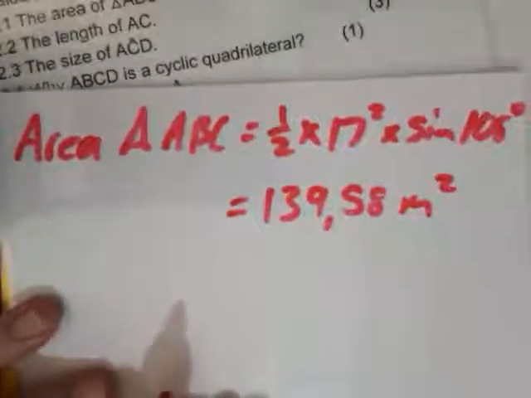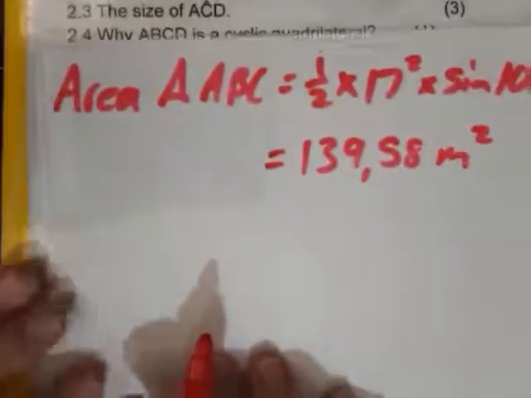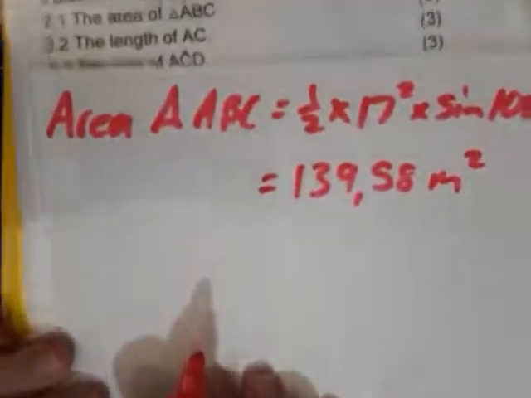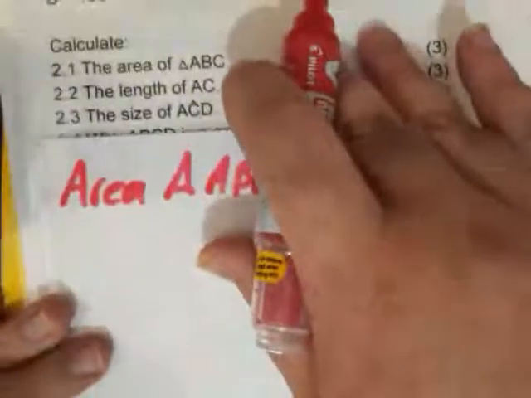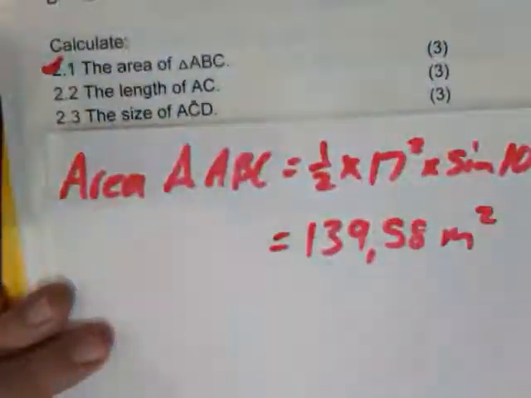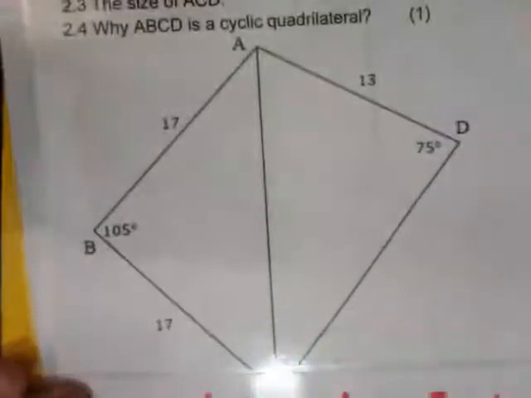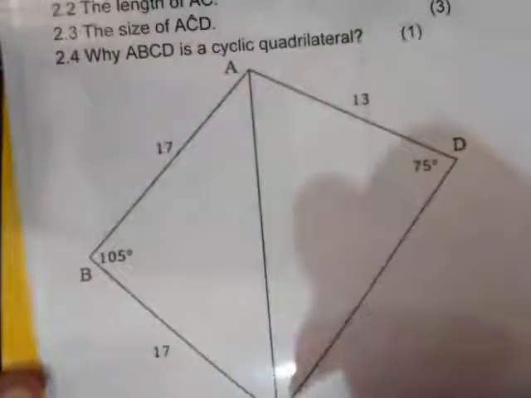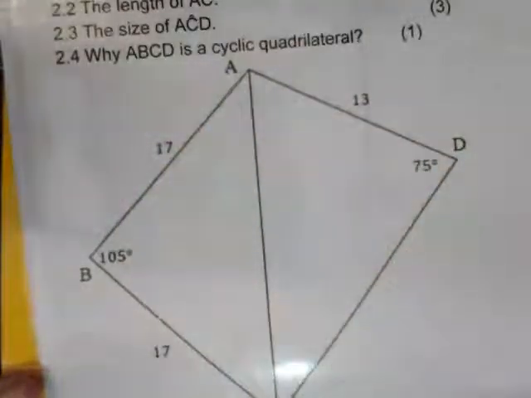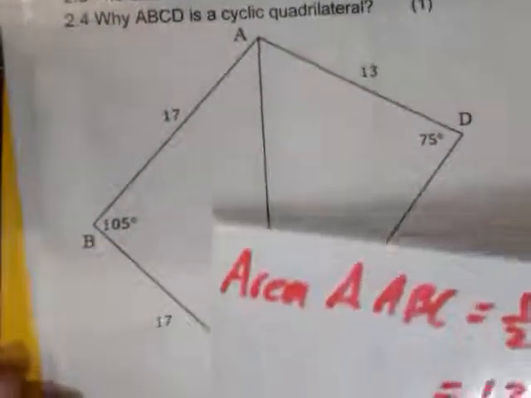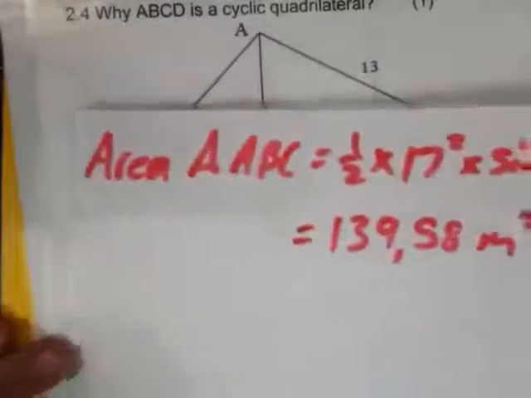Okay. So the next bit is to find the length of AC. So that's done. The length of AC is this side, and we've got an angle opposite it and two sides adjacent to the included angle, so we can use the cos rule.